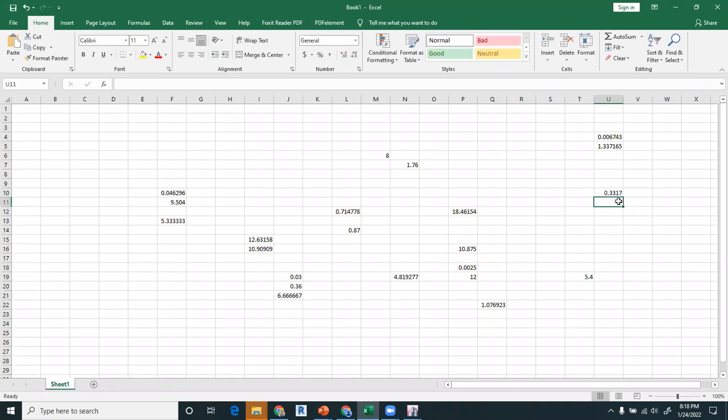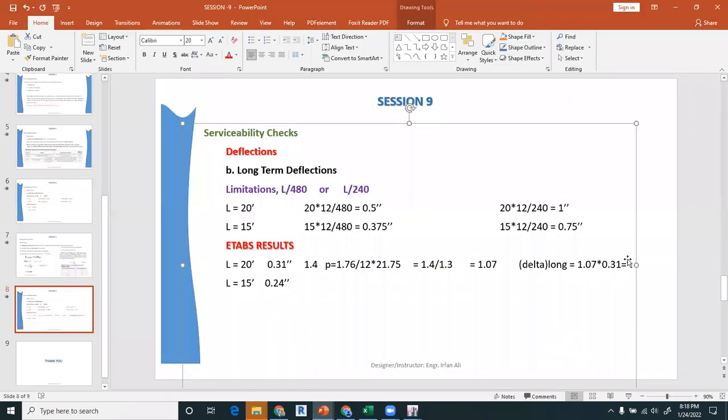The deflection has been increased by 7%. It comes out to be 0.332. So now its value is 0.332 inches.